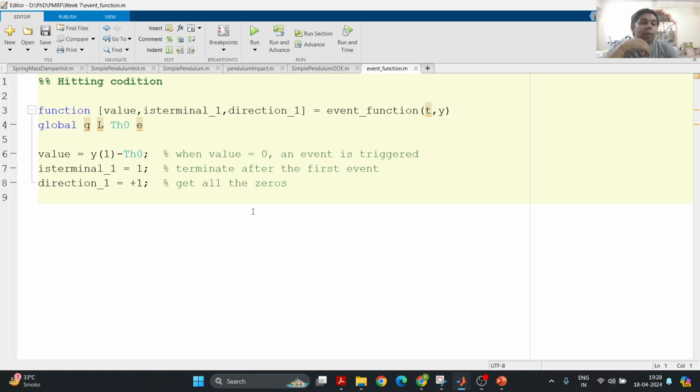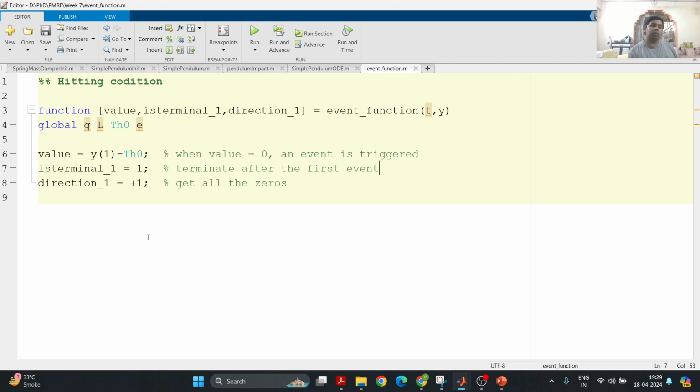So the time instant at which this value variable becomes 0, we say isterminal is equal to 1. That means that it will terminate the execution of the solver. And this direction is basically whether we want to approach the zero value from either side. So we tell the solver that we can approach it in either direction, not necessarily from the positive or negative direction, whichever direction it is possible.